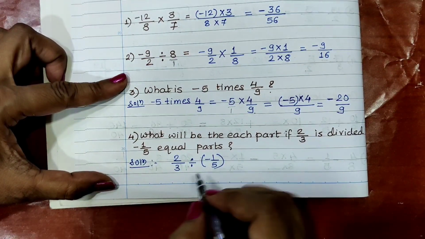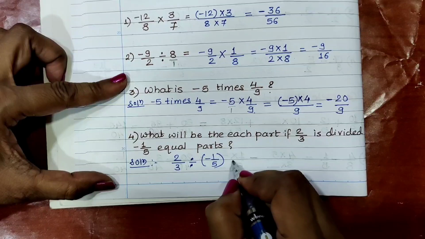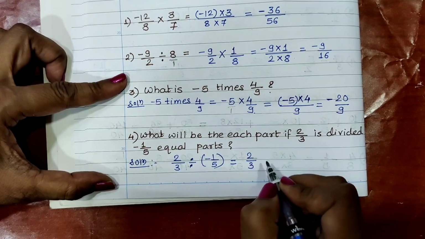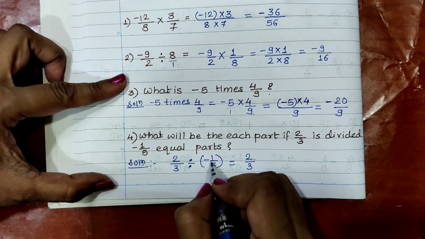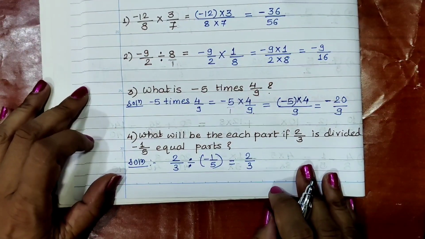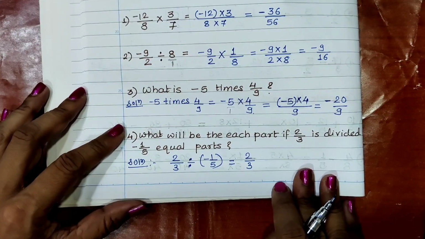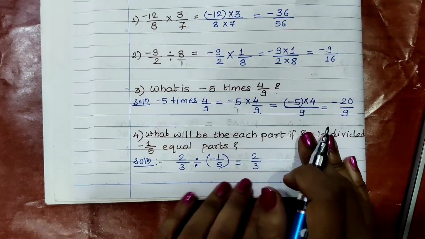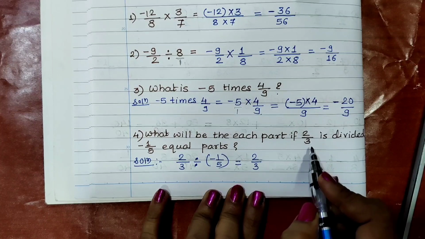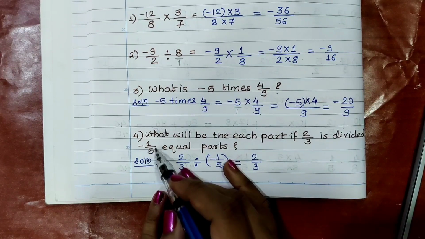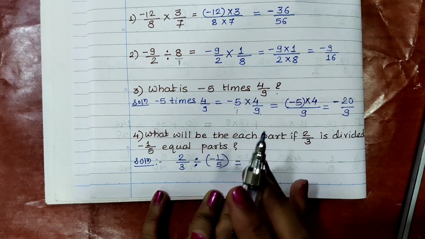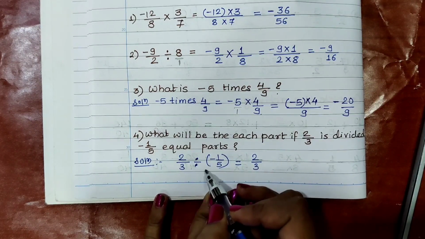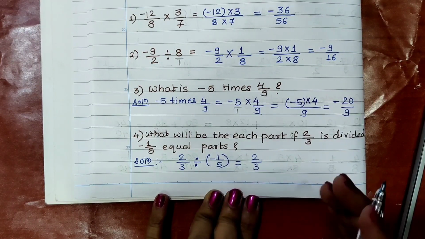So this division we have to convert into multiplication. So in this way we have done 2 upon 3 divided by minus 1 upon 5.